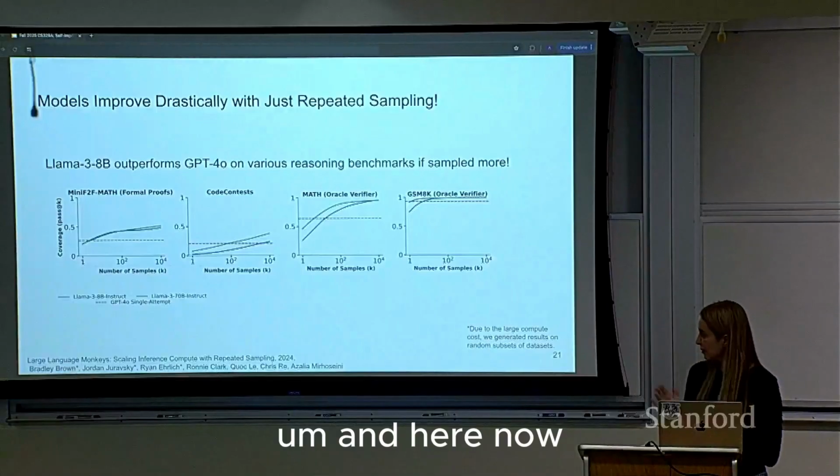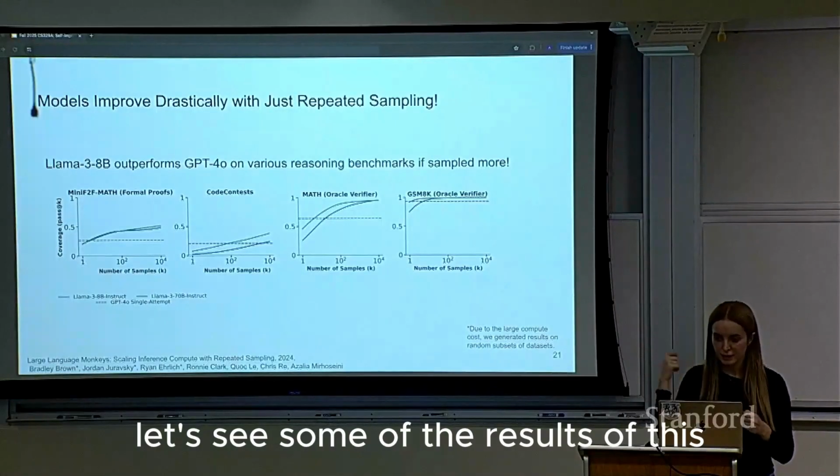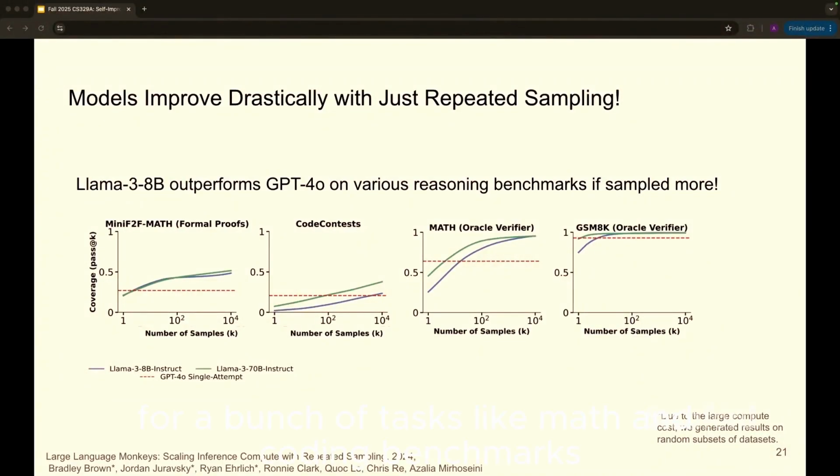And now let's see some of the results of this repeated sampling. For a bunch of tasks like math and coding benchmarks, we increase the number of samples per problem from 1, which is the normal one, to 10,000. And here we are showing the coverage, or the fraction of problems that are solved by at least one of these samples.